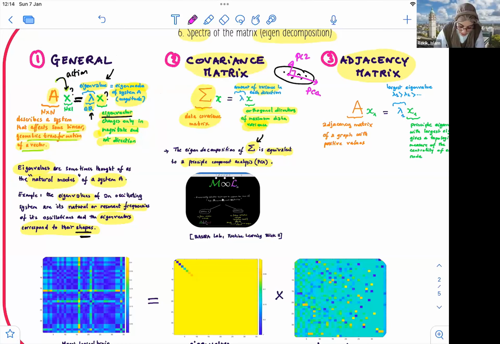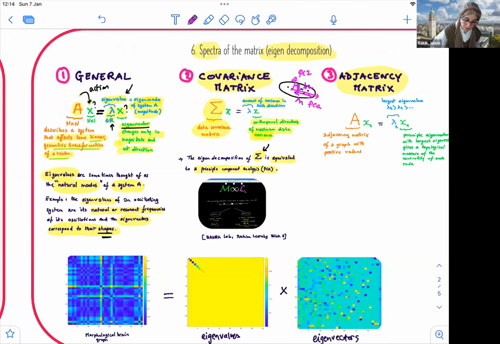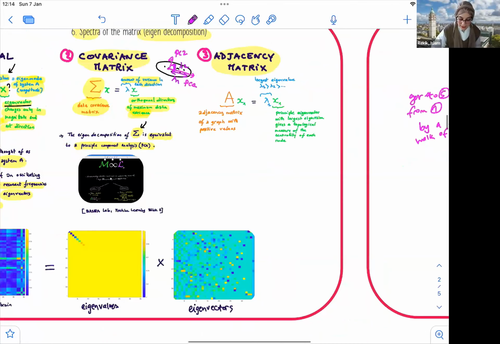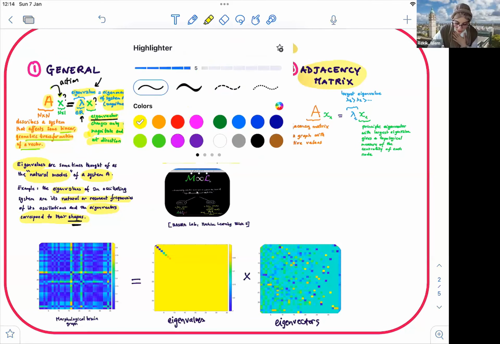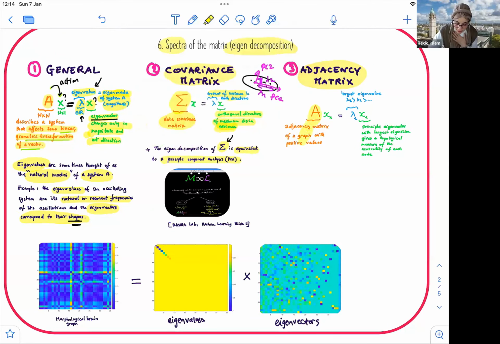So we have lambda 1, and we have lambda 2, which quantify the variance of the data. And now we will look at the adjacency matrix. You can see that this eigen decomposition, as I mentioned, is very powerful. When we apply it to graphs, here we have an adjacency matrix of a graph with positive values.